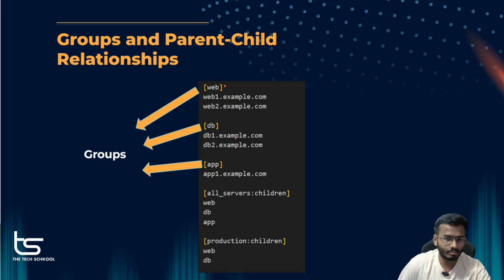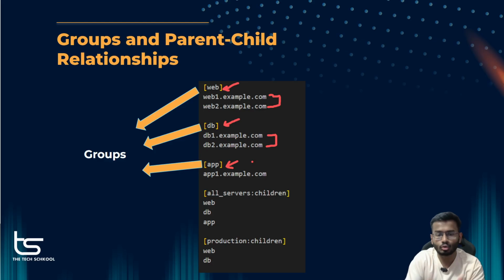I named a group called web and mentioned the web servers inside it. Then there are DB servers that I mentioned inside a group DB, and then an application group, where I mention the server over here.